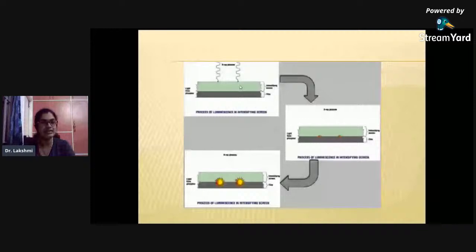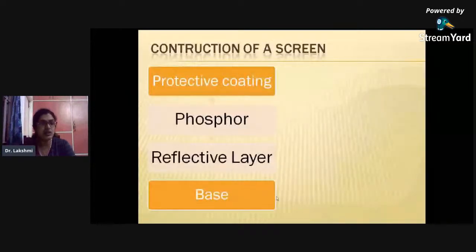X-ray photons are hitting over here, and then the X-ray photon and the phosphor over here produce the luminescence. See that dot over here, that is representing it. So there is a much better reduction in the dosage of radiation to the patient, but it does cause a blur. So what is a screen made up of?